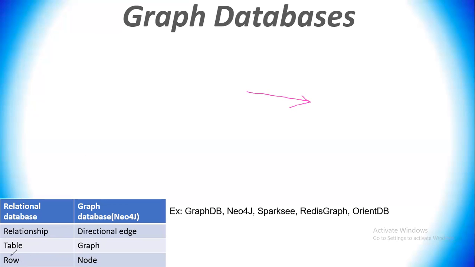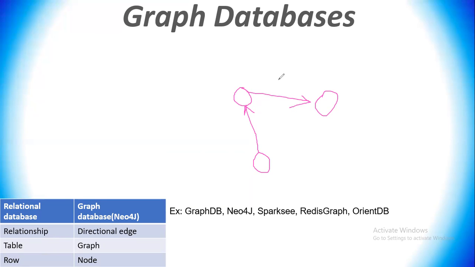So in graph databases, this unit is usually known as the node, right? So this row in relational databases maps to a node, and the node is the unit. Between different nodes, you have different relationships. So more than what is contained in a node, it is the relationships which are more emphasized in a graph database.